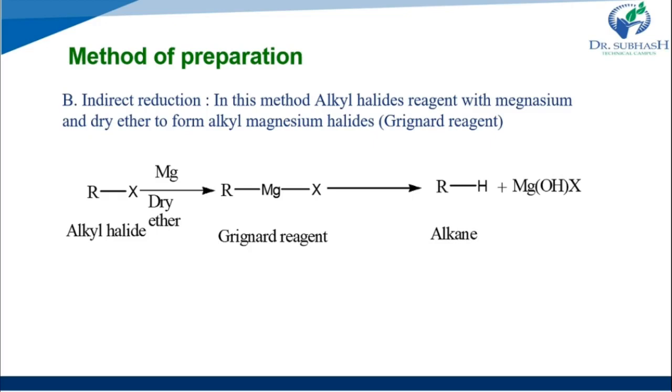Then it further reacts with a water molecule, making an alkane and liberating magnesium hydroxide halide. So this is the indirect method.